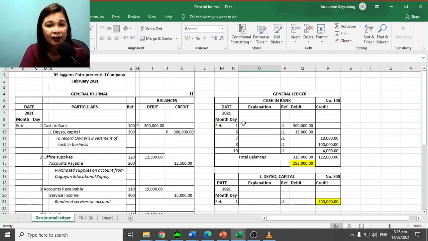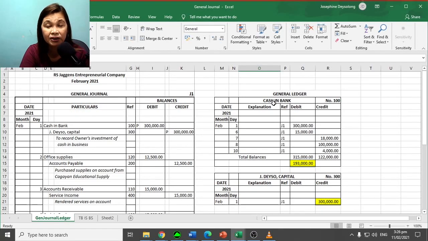My cash in bank here in the general ledger has also date. I have here my explanation, reference, debit, and credit. So, February 1, what happened to February 1? Now, I would like to refer to general journal here that on February 1, I have here cash in bank.